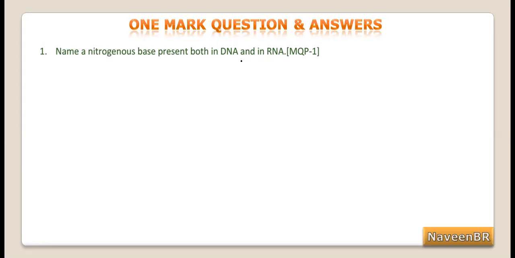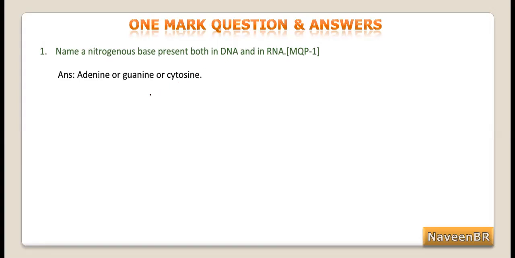Then, among the pyrimidine bases, cytosine again is common for both DNA and RNA. Hence, 2 purines, adenine and guanine, and 1 pyrimidine base, cytosine. So it is adenine, guanine, or cytosine. Any one can be taken as an example here.